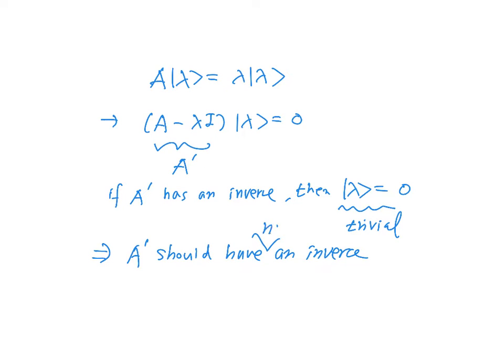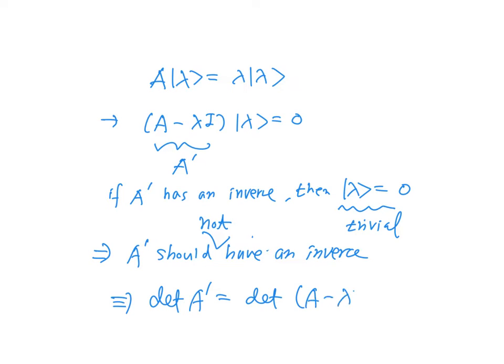And this condition is determinant of A minus lambda I should be 0. Then we can get the polynomial equation for lambda.